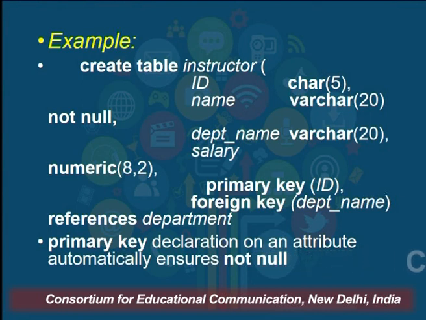I will repeat the command: create table instructor, ID char 5, name varchar 30 not null, department name varchar 20, salary numeric 8,2, primary key is ID, and foreign key is department name which is coming from the relation department.